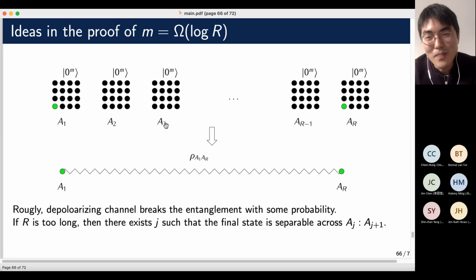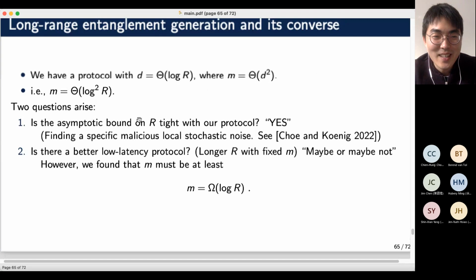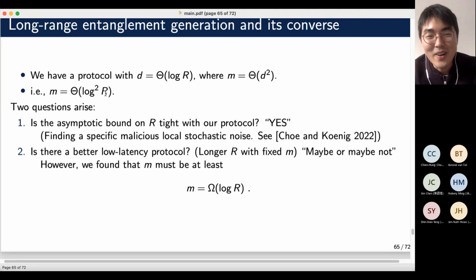But in our case, we only proved that if m is equal to log squared R asymptotically, then we get constant fidelity.